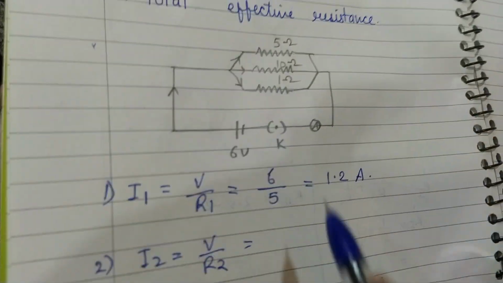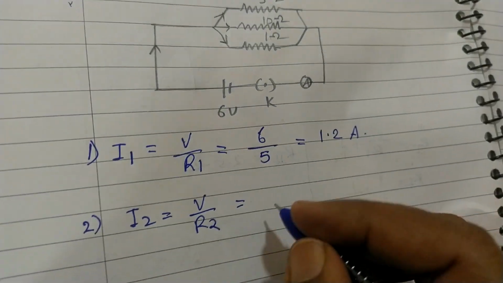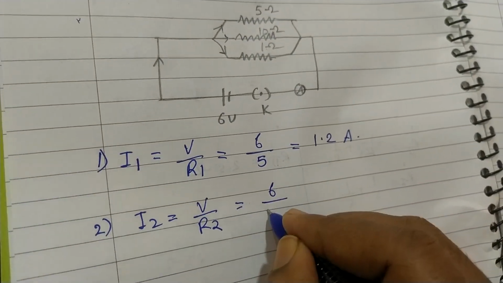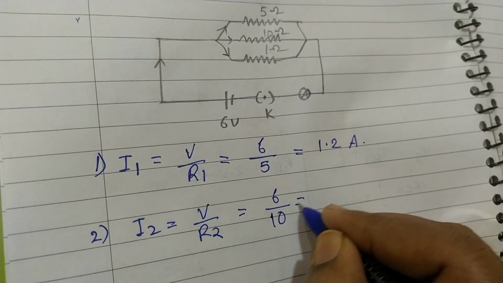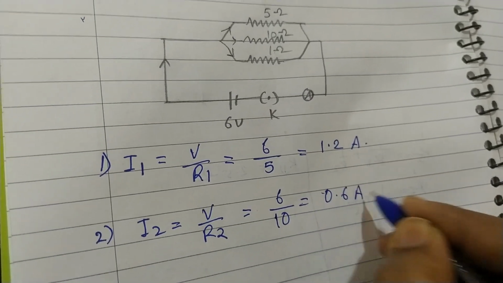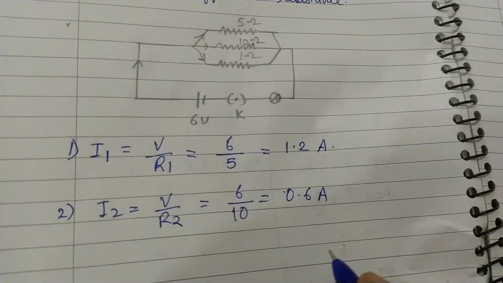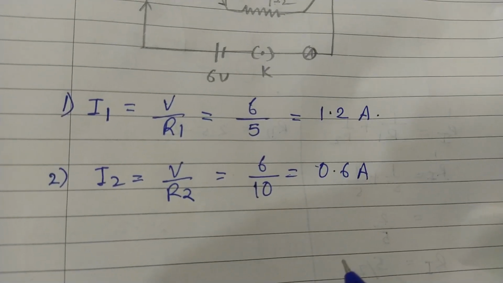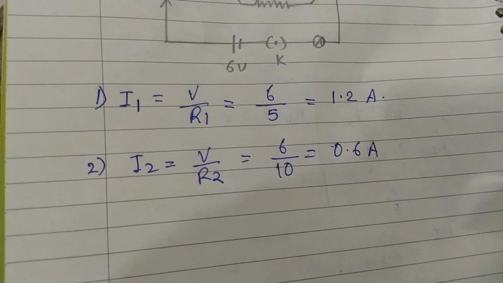10 ohm. Okay. Now this is the value of I2.